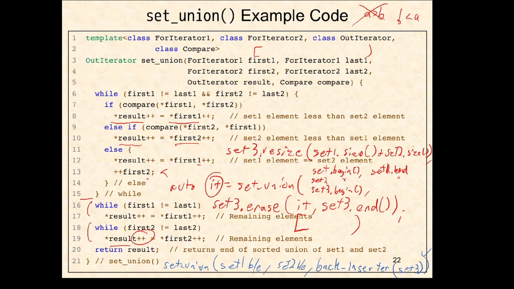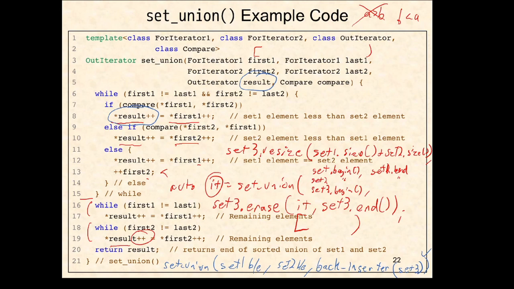So back_inserter comes from, I believe it's called the iterator library. Look up back_inserter. What back inserter does is it's like this wrapper for an object. So when we use result here, when we do things with result like dereference and store into it and plus plus it, the back inserter takes care of adding to the back of set 3.